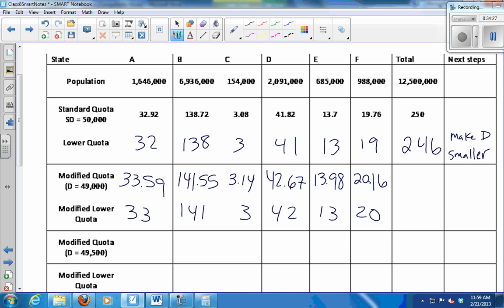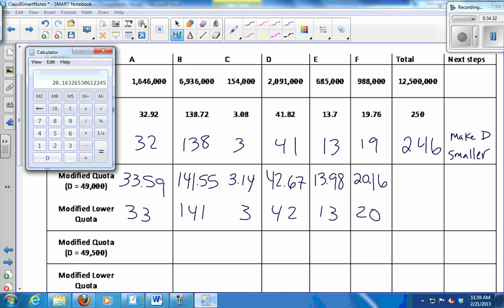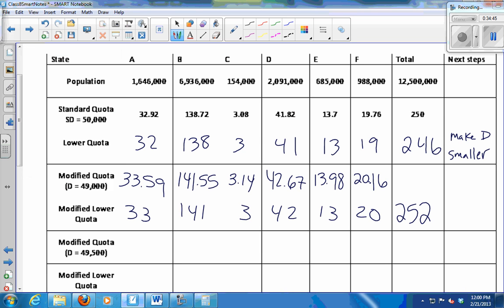And that adds up to what? Let's see. 33 plus 141 plus 3 plus 42. 252. Too many, right? I only have 250 seats to give out. So my sum is too big.